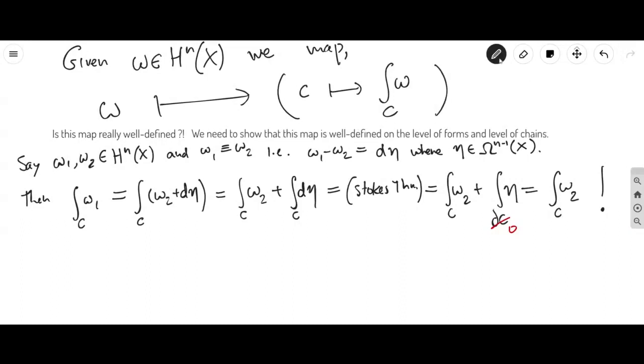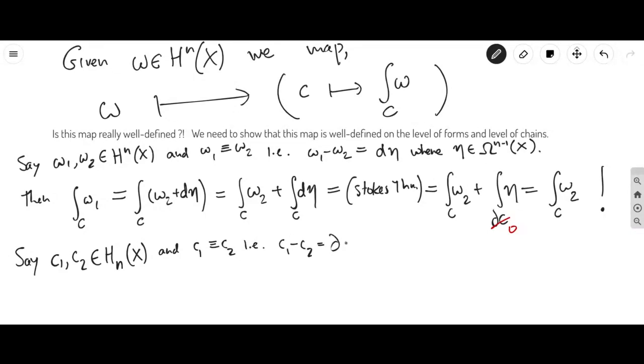Why is it well defined on chains? So now let's say that we have C1 and C2, and these are two different representatives in the same homology class, and C1 is equivalent to C2 homologically. That would just mean that their difference is the boundary. This time, the degree is higher.